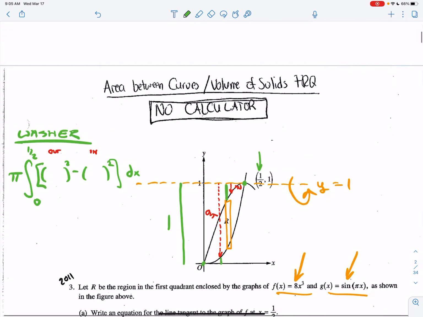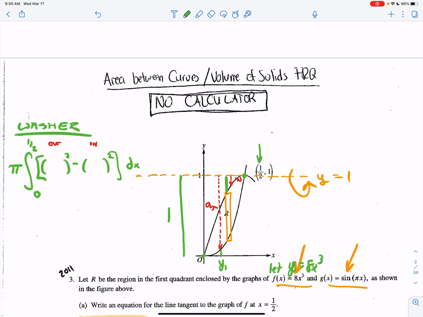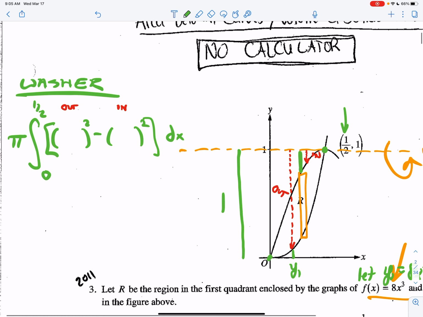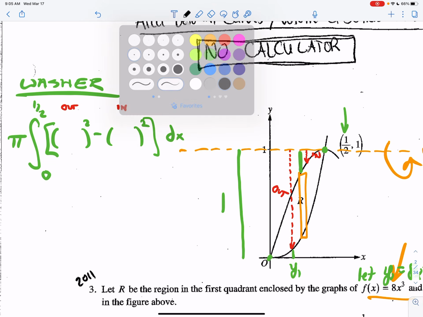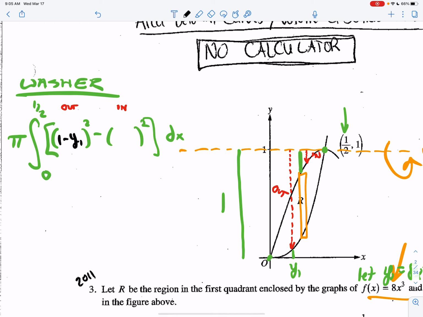I think we labeled it last time. But again, use y1 if you declare it. So I'll just write it here. Let y1 equal 8x cubed. Okay, so I know my outside will be 1 minus y1. Okay, so the other one must be 1 minus y2.